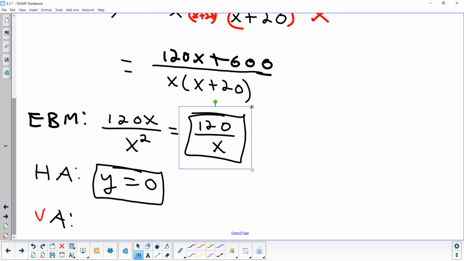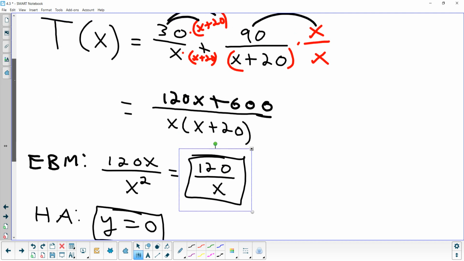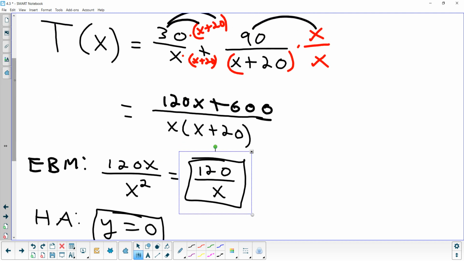Let's do vertical asymptote. Somebody remind me, how does the equation of a vertical asymptote always start? Yep, x equals. That's always x equals. And if you remember it from vertical asymptotes, that is the zeros of the denominator.